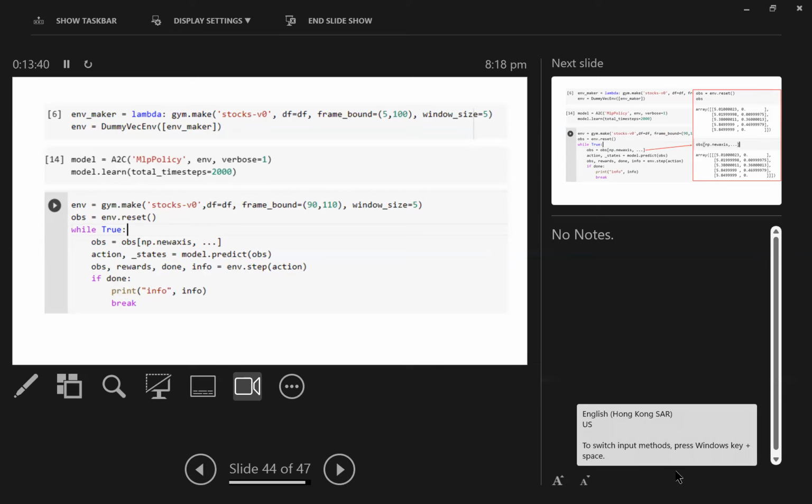Now, this observation, remember, gives you a window of 5, a sequence of window of 5, and it is essentially a 2D array. It happens that the A2C needs the input not in 2 dimensions, but in 3 dimensions. So all we need is to add 1 new dimension.